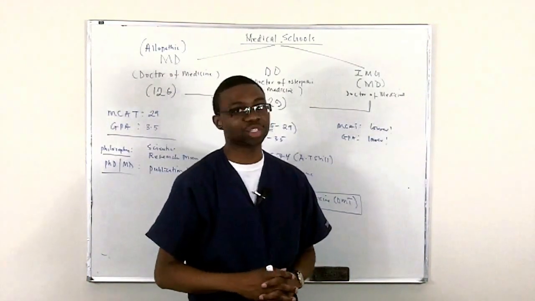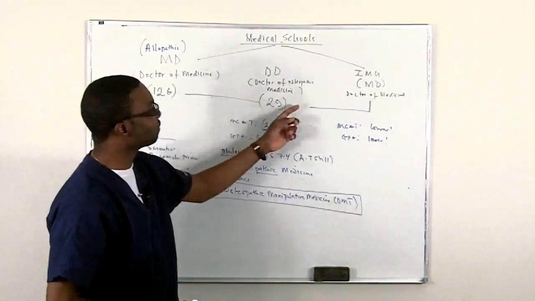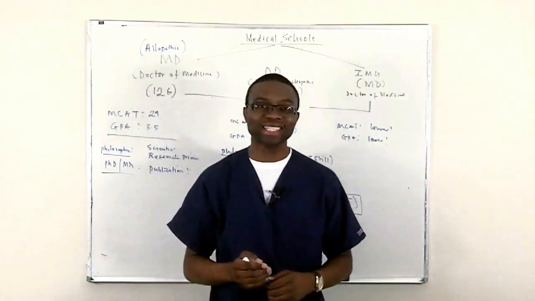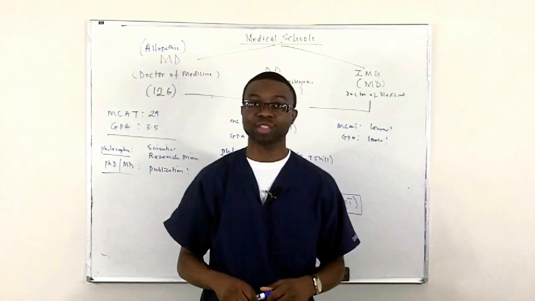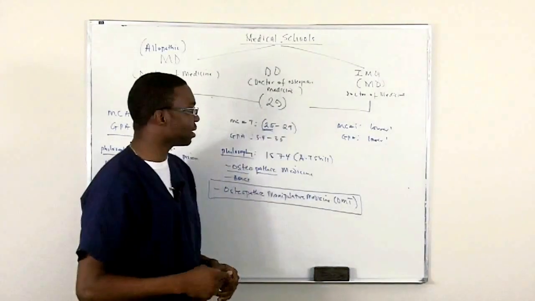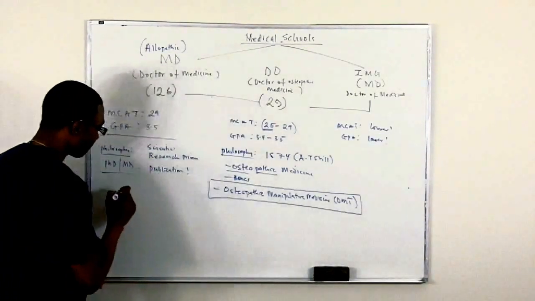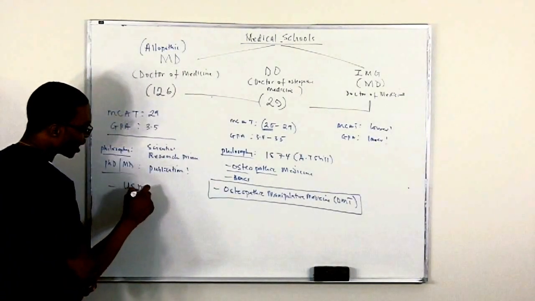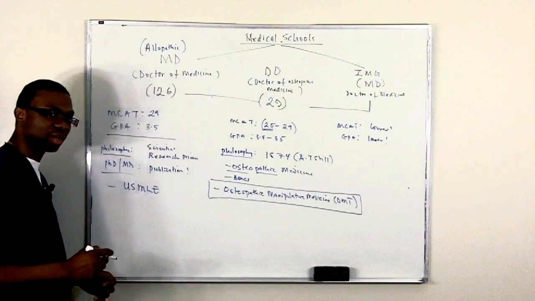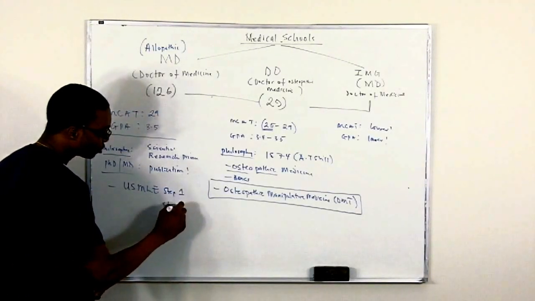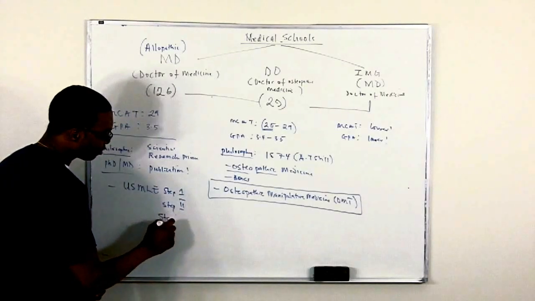In order to be a physician in the United States, you have to take either the United States Medical Licensing Exam, known as the USMLE, or the COMLEX, which is the Comprehensive Osteopathic Licensing Exam. So if you go to an allopathic medical school, you can take the USMLE Step 1, Step 2, and Step 3.